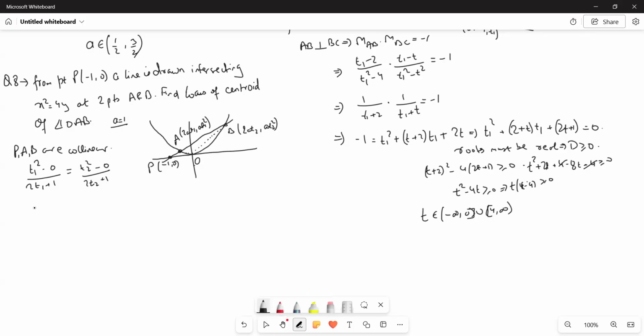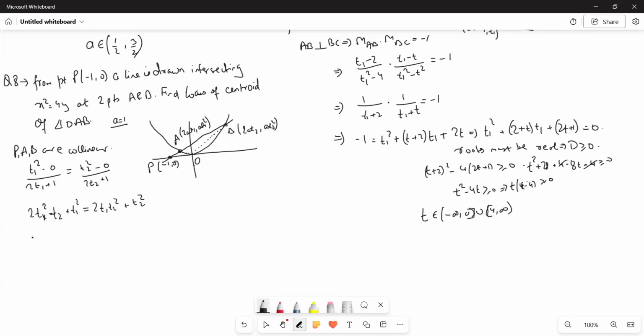So cross multiplying, ये आ जाएगा 2T1 square into T2 plus T1 square is equal to 2T1 T2 square plus T2 square.